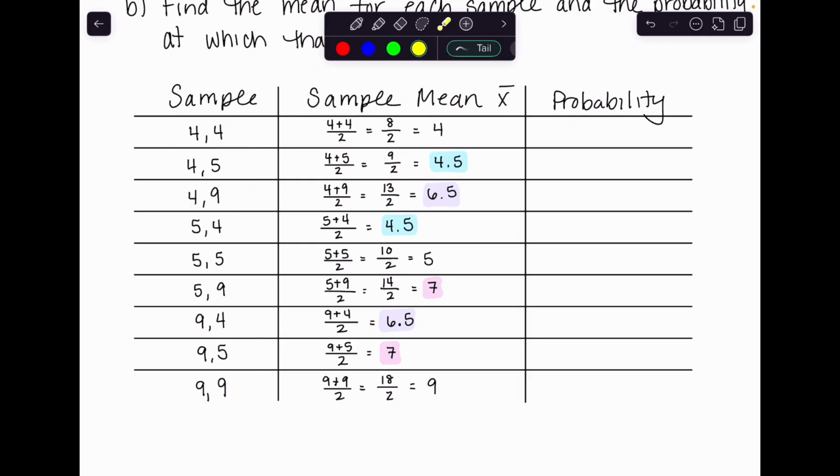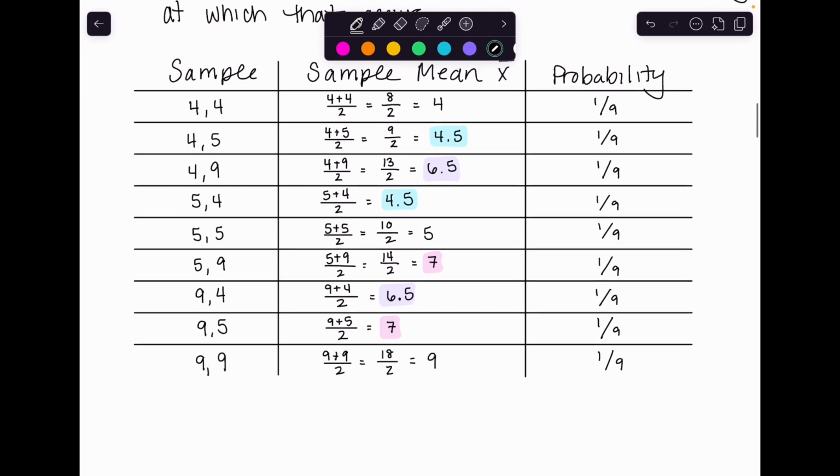Every single pair has an equal chance, so all of these probabilities in this starting chart are exactly the same. You have a 1 in 9 chance of this particular sample being drawn. So over here, each sample is equally likely to be picked.